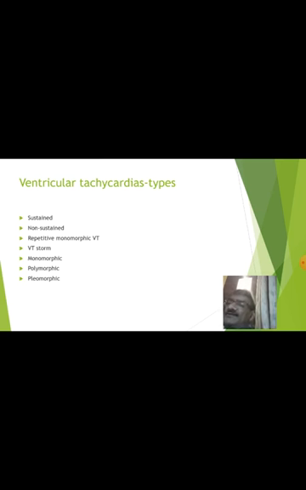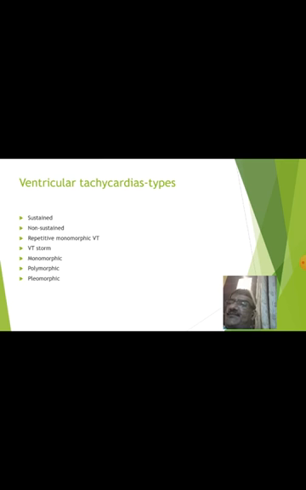Monomorphic ventricular tachycardia, as the name itself suggests, it's quite obvious. All beats have the same QRS morphology. The polymorphic ventricular tachycardia is a tachycardia where there is a continuous changing of morphology of the VT from beat to beat.